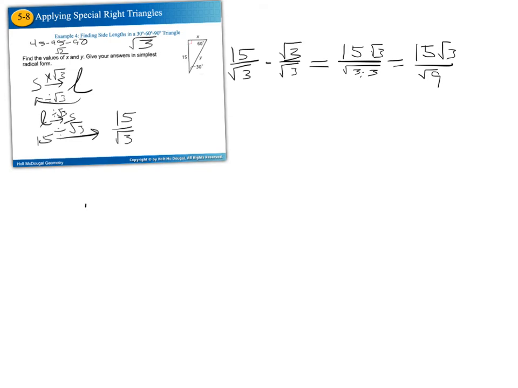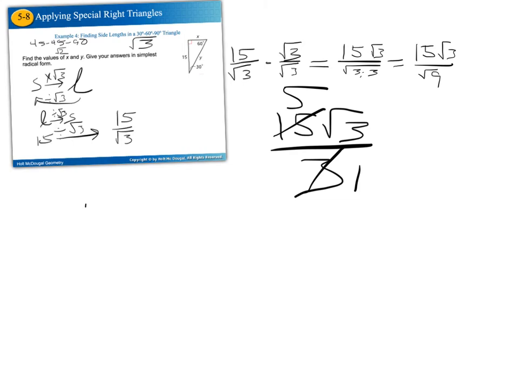The square root of 9 becomes 3. Since 15 and 3 have a common factor, the 3, I can cancel the 3 out of this one, and it becomes 1. The 3 out of this one, it becomes 5. So my final term for x is x equals 5 square root of 3.